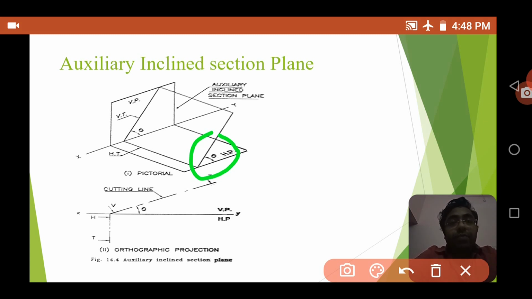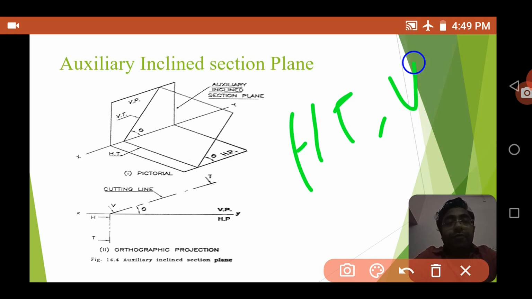Here one end is perpendicular to VP, but it is angled with the HP. So there is an HT and a VT is also available. That is the horizontal trace and the vertical trace, which is the auxiliary inclined section plane.